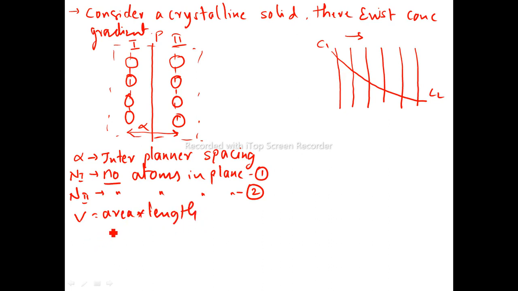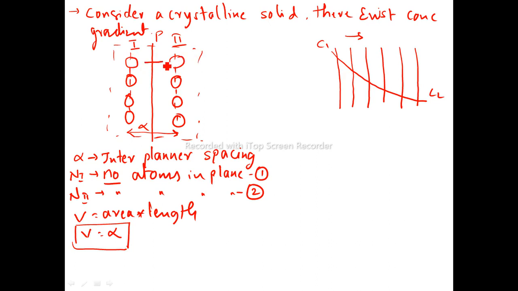We are considering a unit area of cross section, so the volume is equal to alpha. There is a movement of atoms from plane 1 to plane 2 and from plane 2 to plane 1.